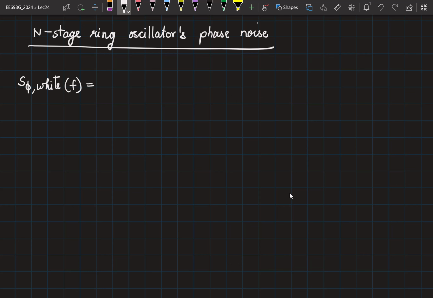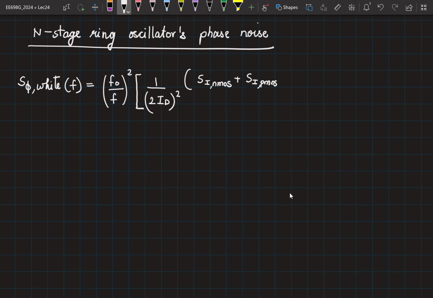So the white noise profile of the phase noise is going to be (F0 by F) the whole square into 1 by 2 ID square, into Si of NMOS plus Si of PMOS plus 2 KT by ID into VDD.